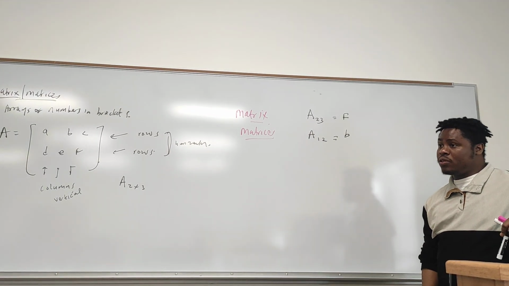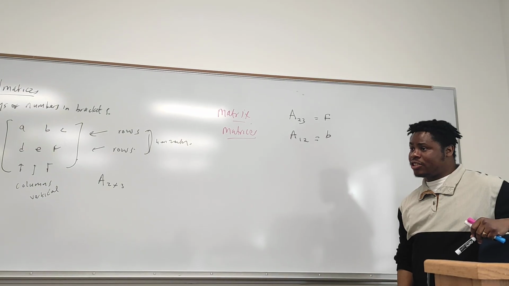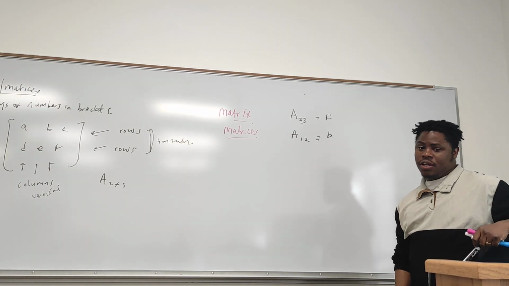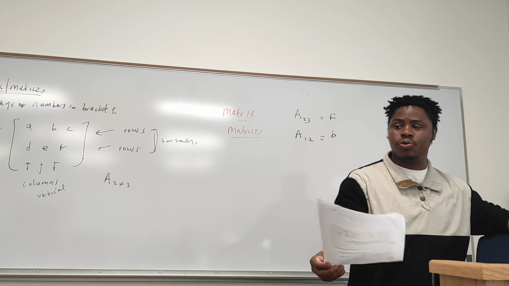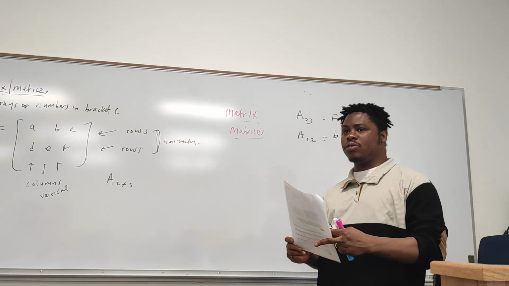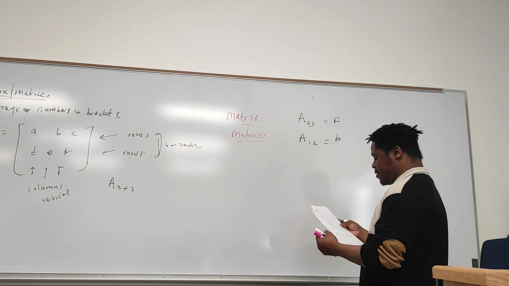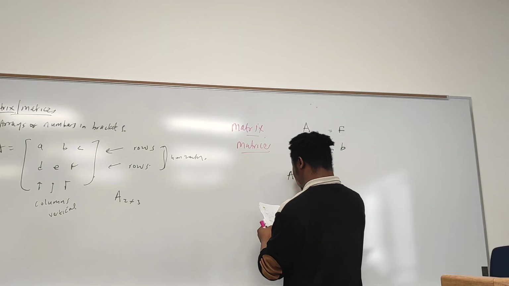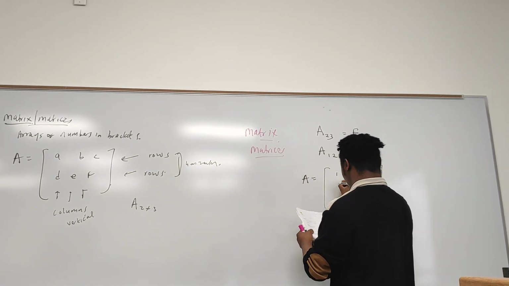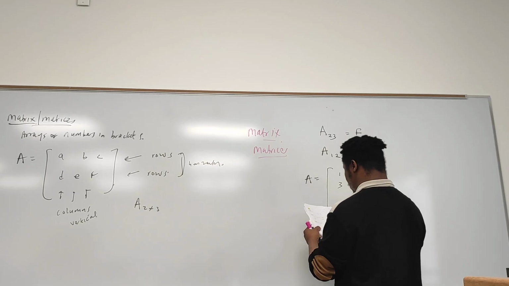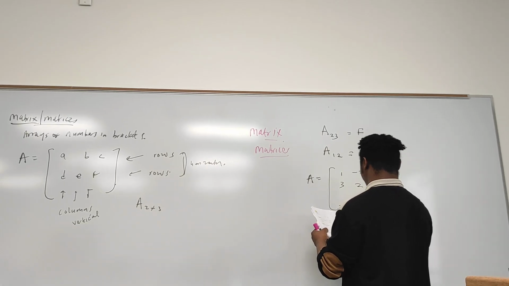The other thing we want to look at is addition and subtraction of a matrix. So if you go back to your workbook, part C, question 2. Let's start with the addition and subtraction of a matrix. We have matrix A is 1, minus 2, 0, 3, 2, minus 1, minus 2, 1, 3.